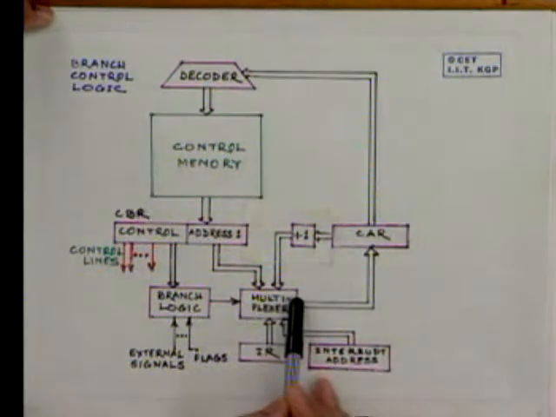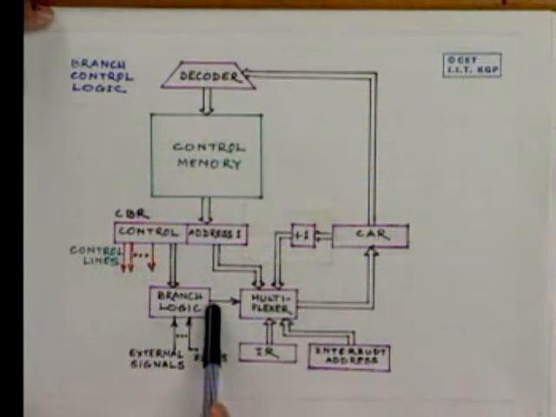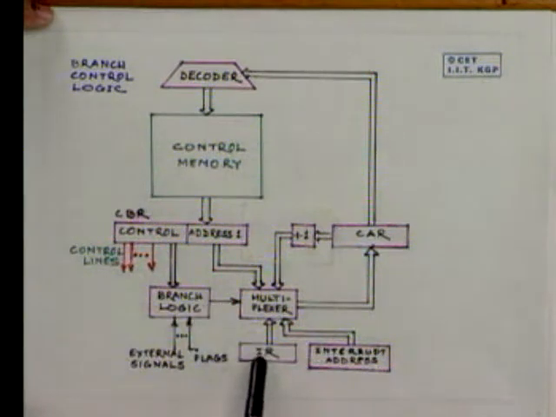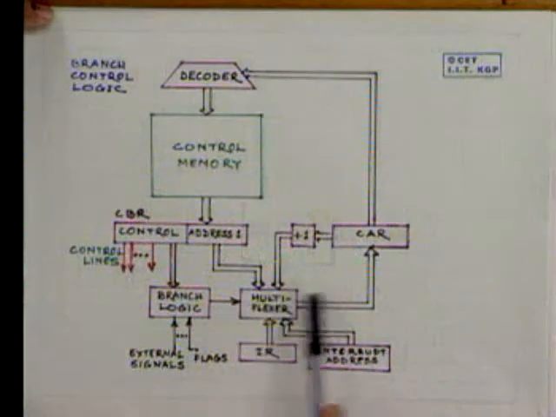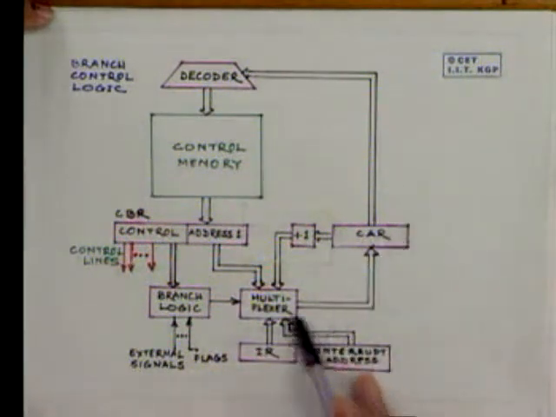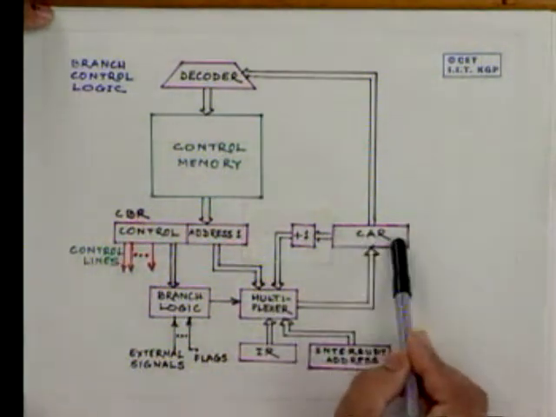The job of this multiplexer is that depending upon this branch logic, it decides out of these 4 possible places where the control should be moved to, which one is gated into the control address register.